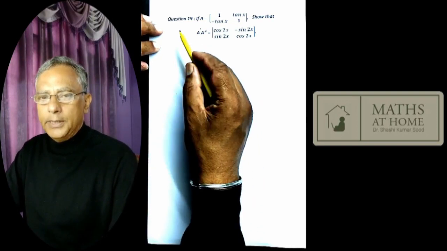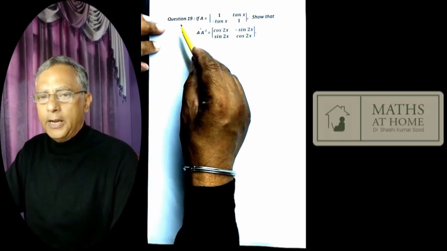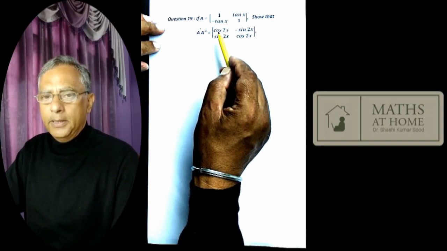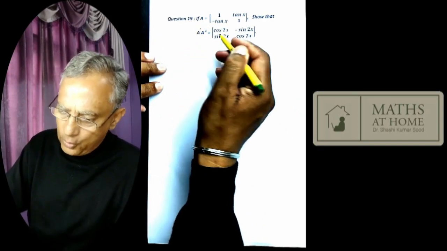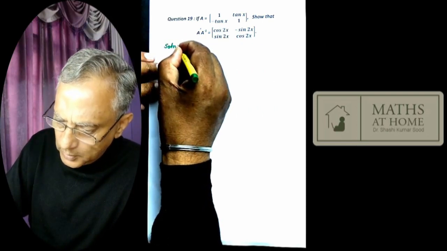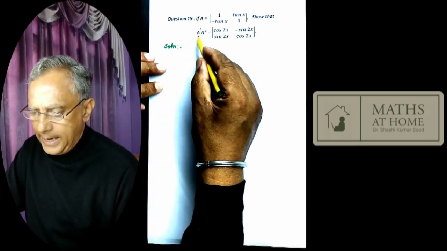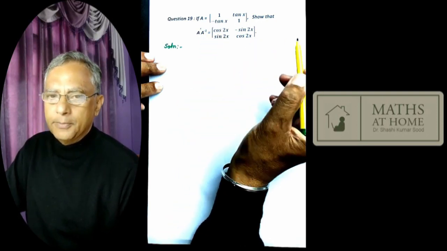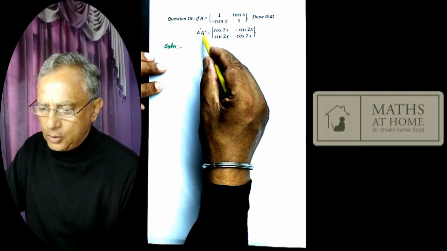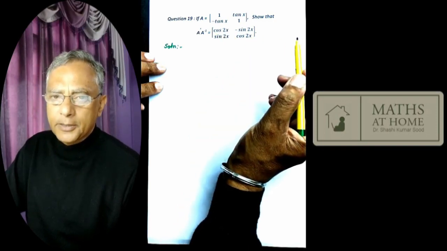Now, this is the last question I am going to take up. What we do is we have to prove that A transpose into A inverse is this much.